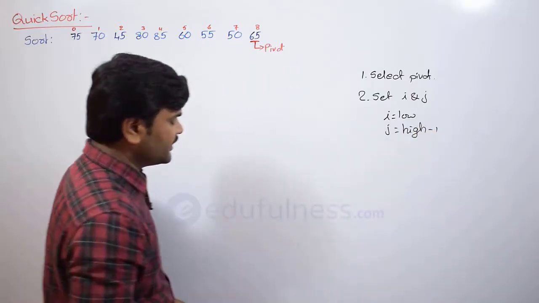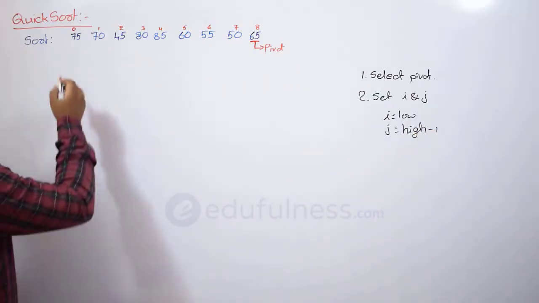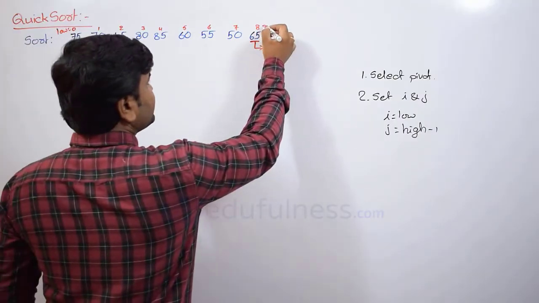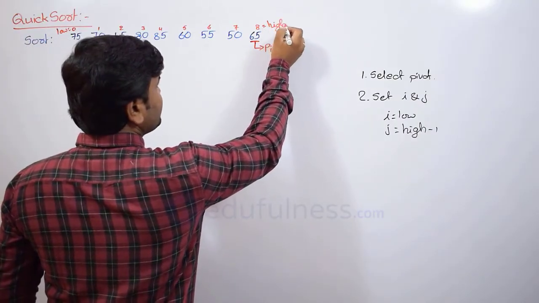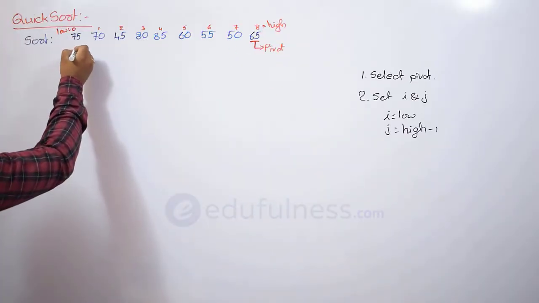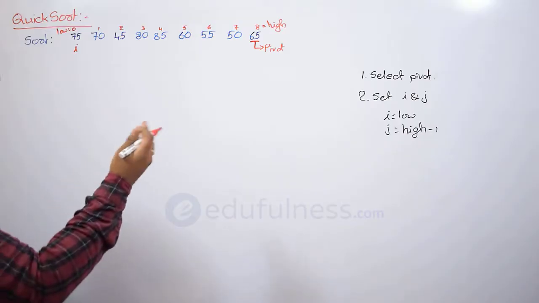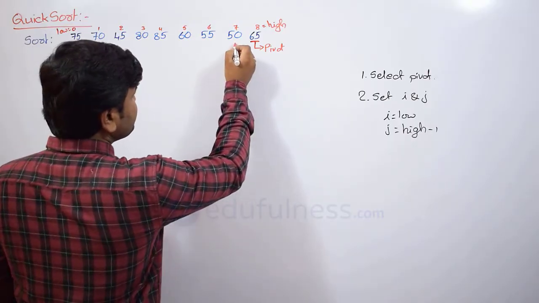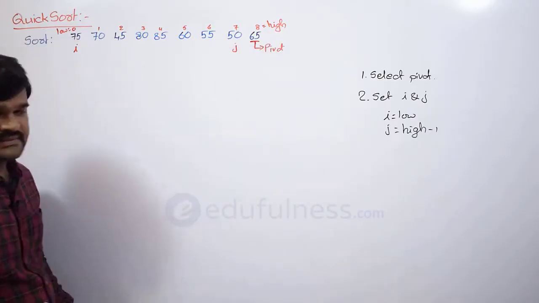Here you can see this is going to become low and this is going to become high. So we set i as the lowest index, and j we set as the highest index minus 1.